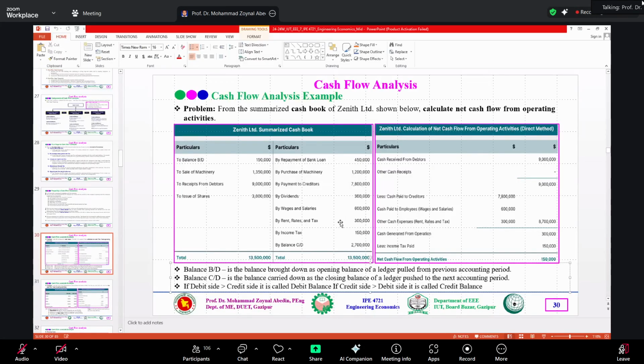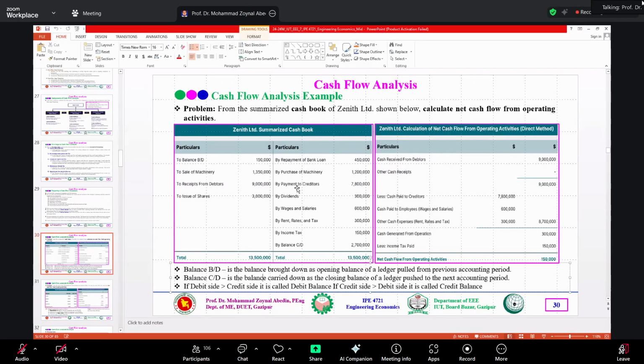But what about the debit side for the operating activities? You can see payment of the bank loan is a financing activity, not an operating activity. Purchase of machinery is an investing activity, not an operating activity.